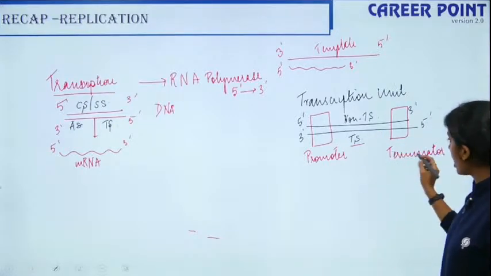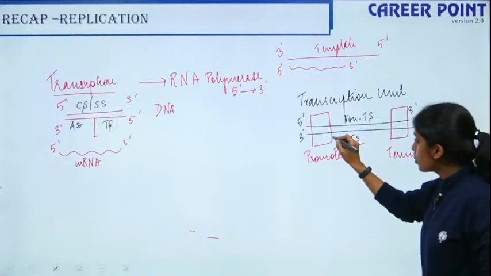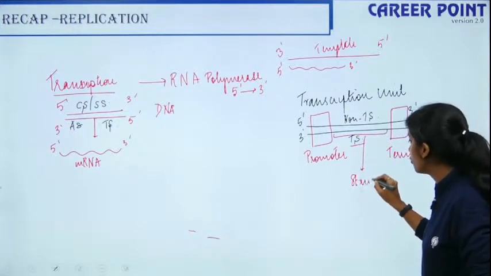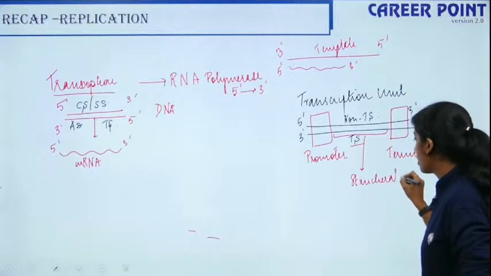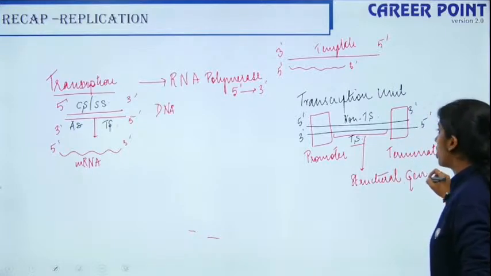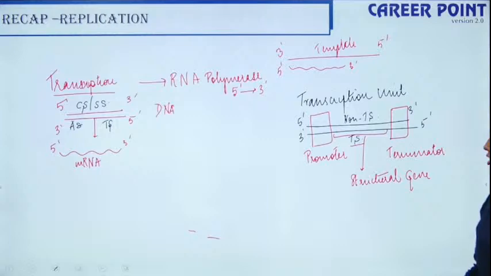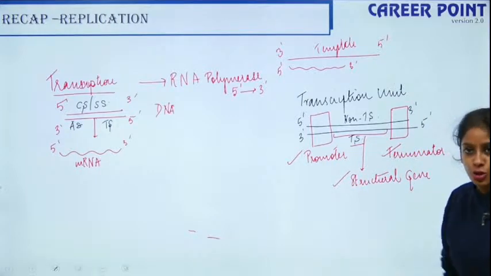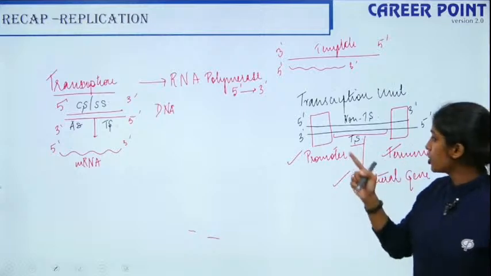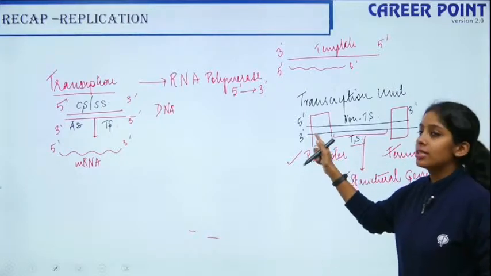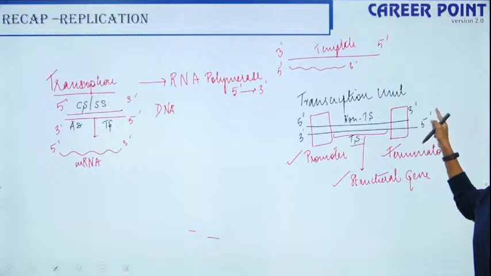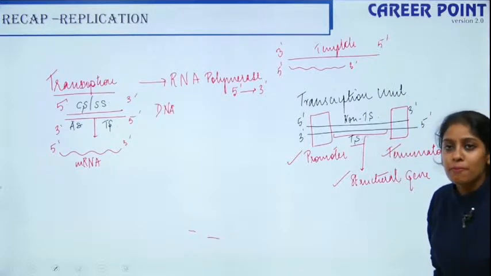Okay, clear? Fine. So in between these two, I have what is known as my structural gene, that is the actual information. So a transcription unit consists of a promoter, a terminator and a structural gene. So what is the location of your promoter? Towards the 3' end of your template strand, and your terminator is towards the 5' end of the template strand.